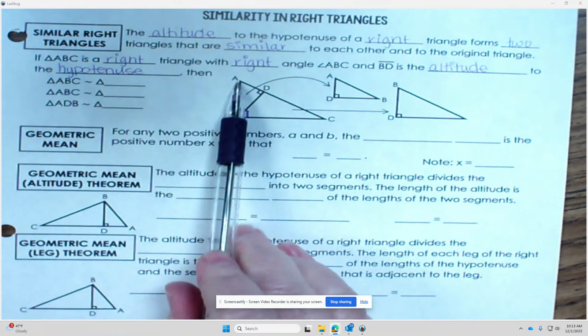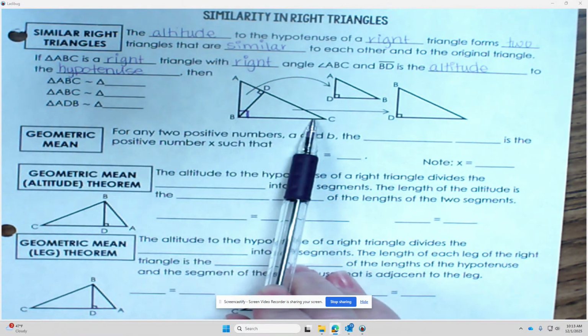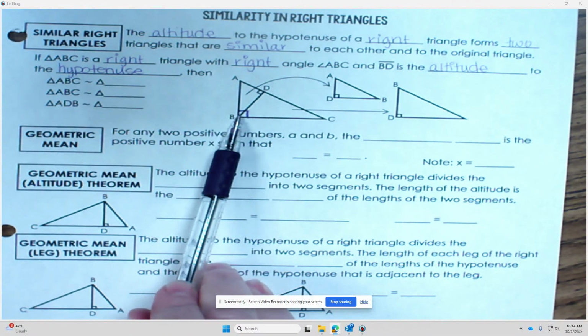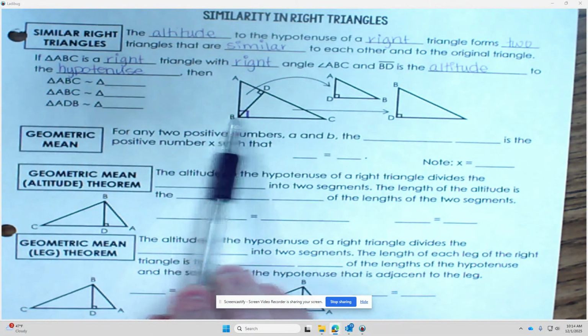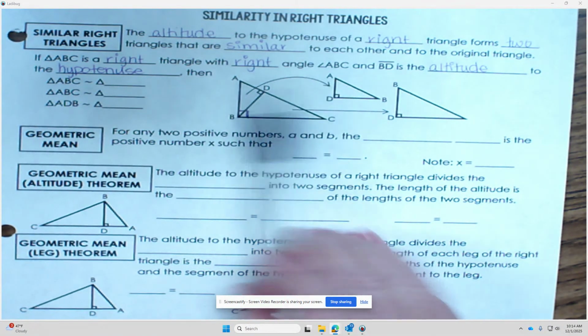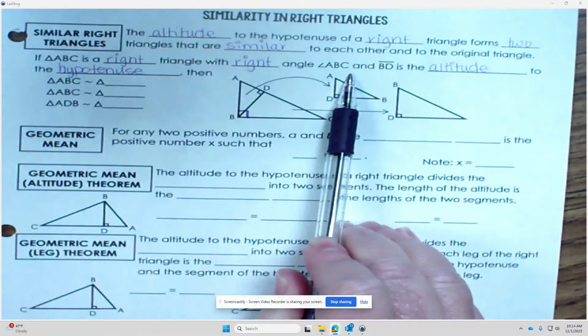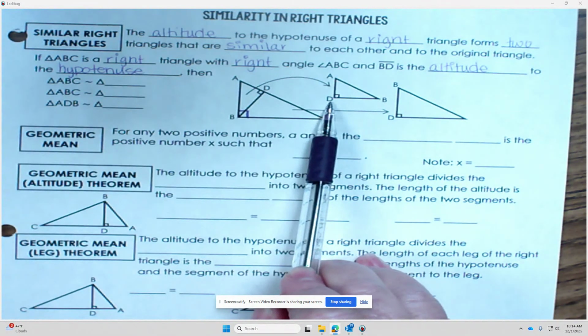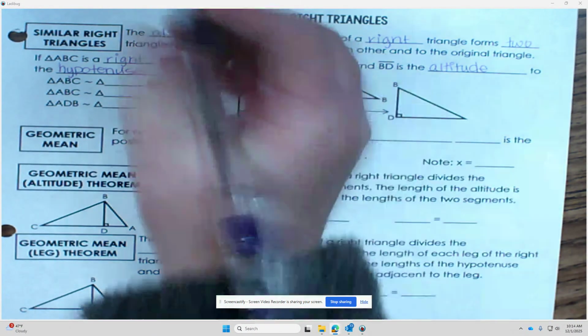So I could say triangle ABC is similar to, let's see, A goes to my right angle, which is B goes to C. So A is still the same. A is going to be corresponding to A. But in this case, my right angle isn't going to be B, it's going to be D. So I would say ADB.